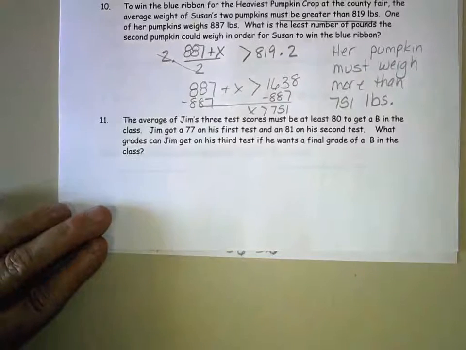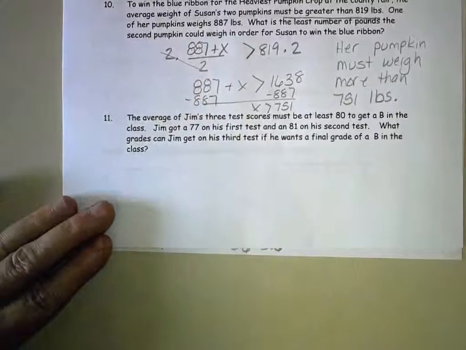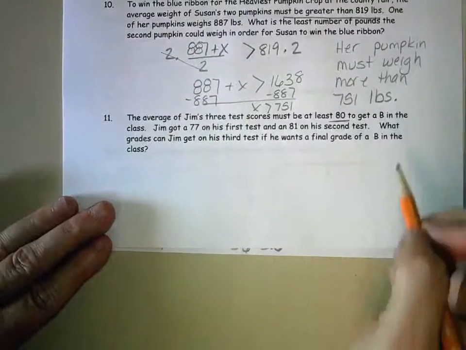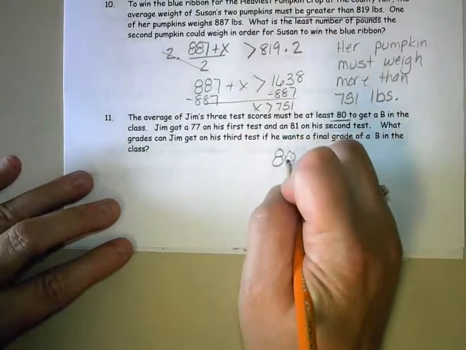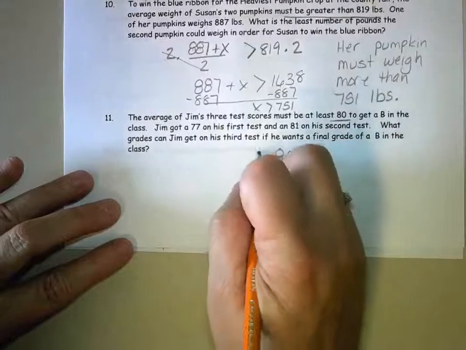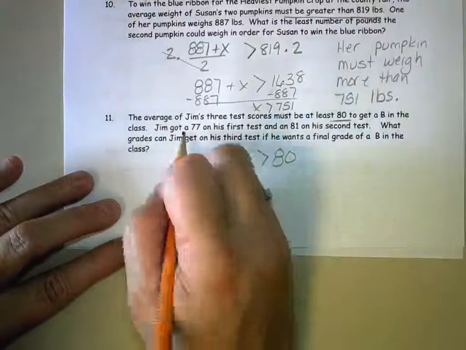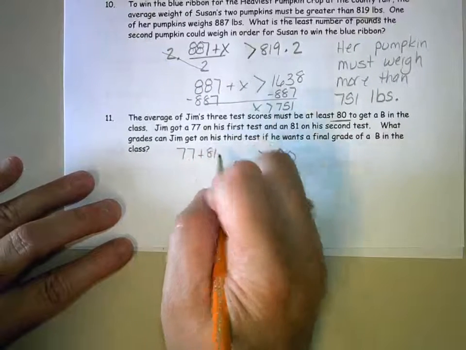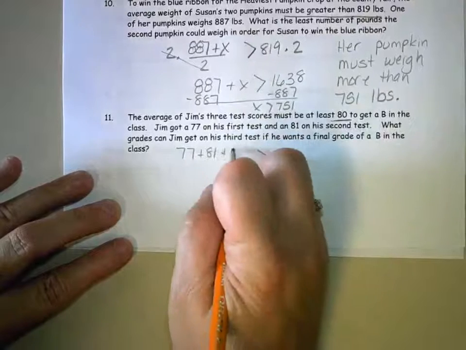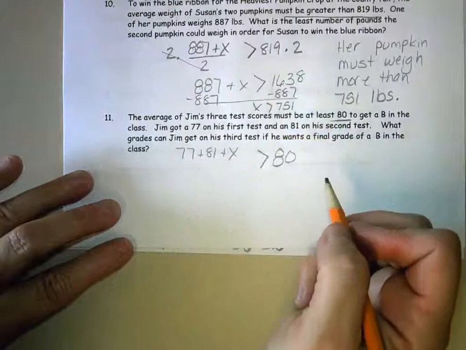Number 11, the average of Jim's 3 test scores must be at least 80 to get a B in the class. So this is the least, the smallest it can be. He got a 77 on his first test and 81 on his second, and we don't know about his third.